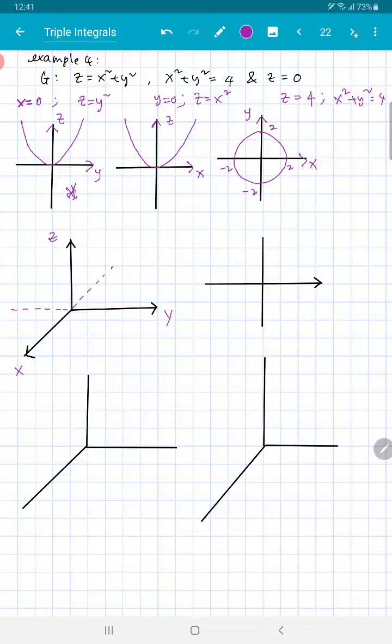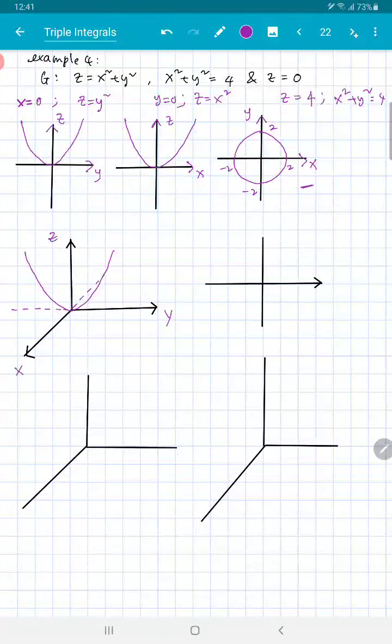This is the view from the front where we have y and z. Okay, we're going to plot a parabola, so we have a parabola open upwards like so.